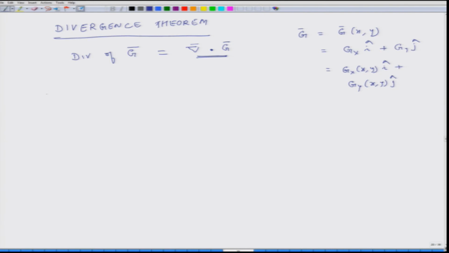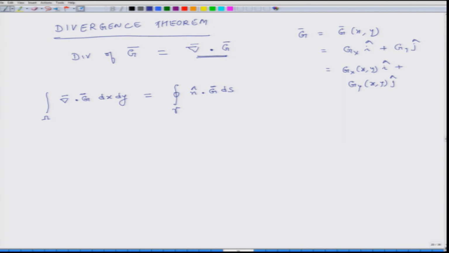So, what the divergence theorem says is that the divergence of G, when I integrate it over the domain, is nothing but the line integral or closed integral of the unit vector on the boundary times G ds.